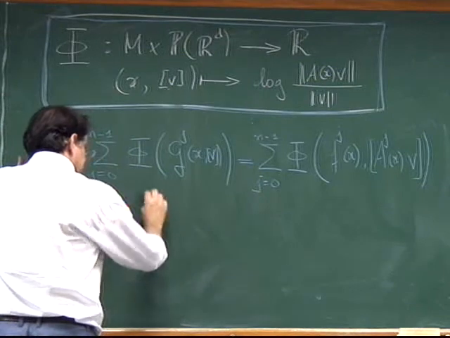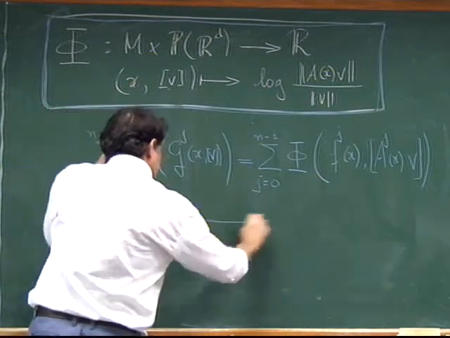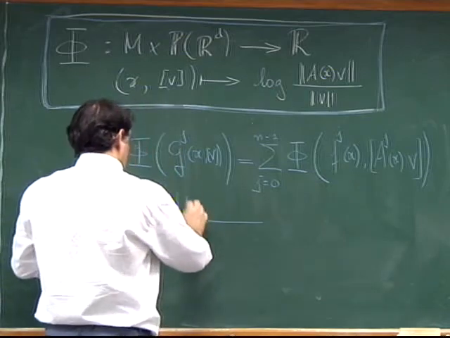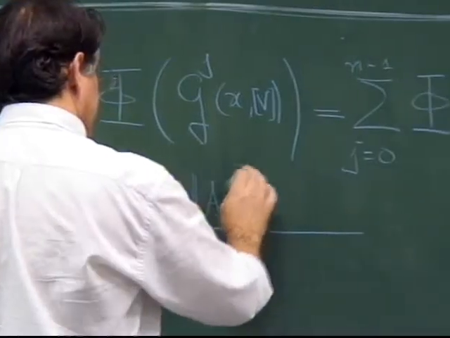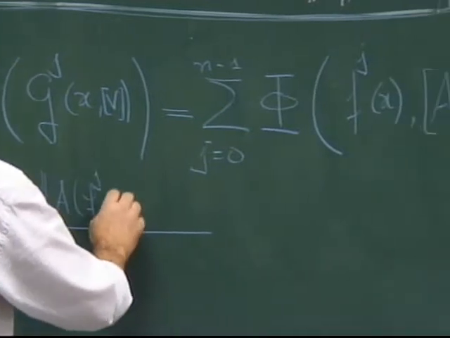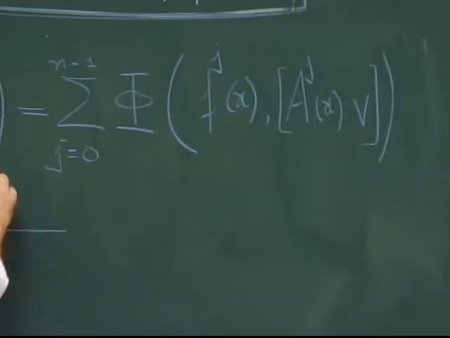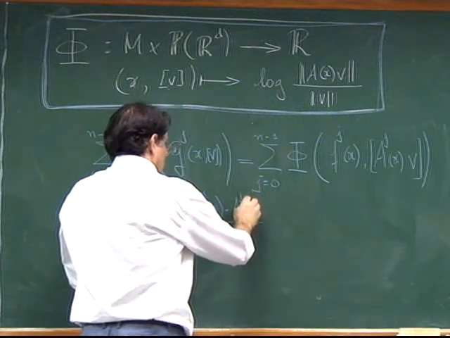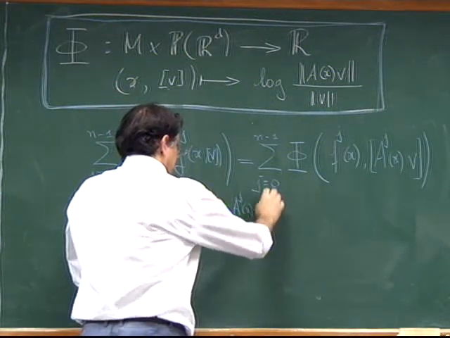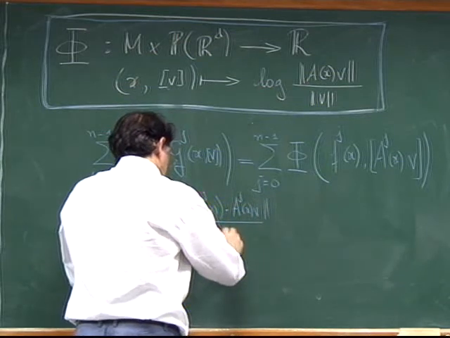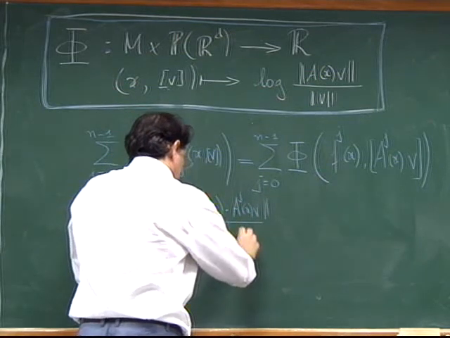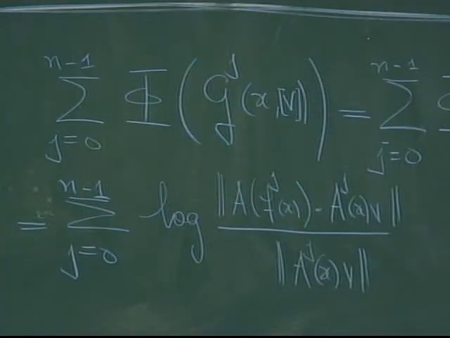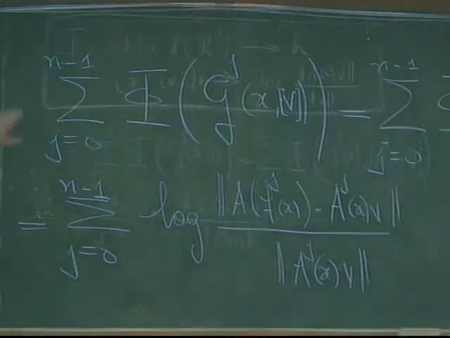Well, by definition, it is the sum of the logarithm of f_j(x) applied to a_j(x) v divided by a_j(x) v, by the definition of phi that is written here.